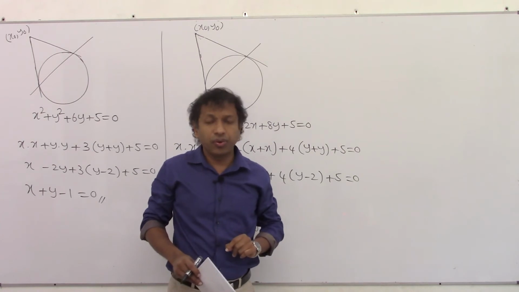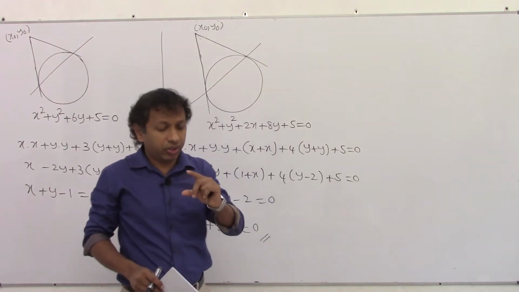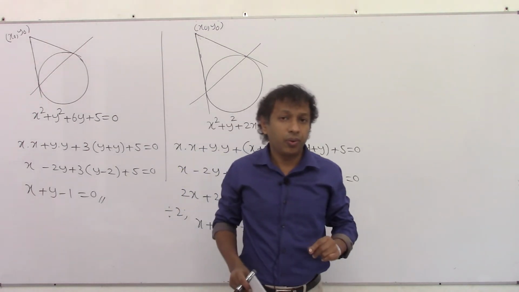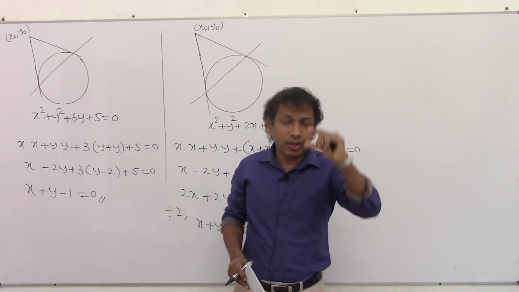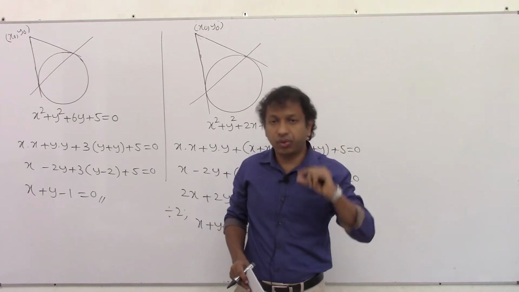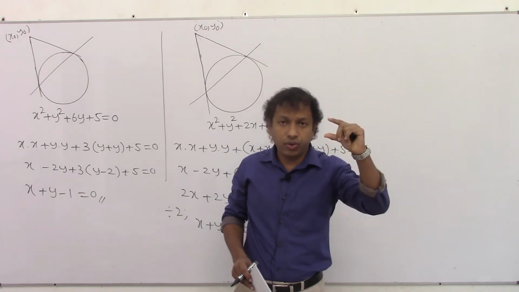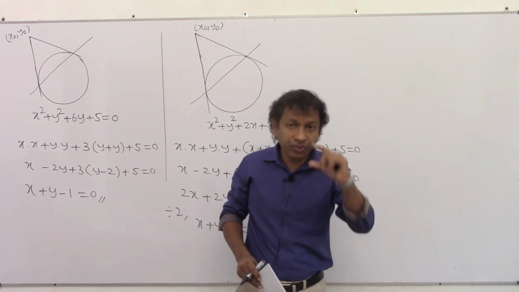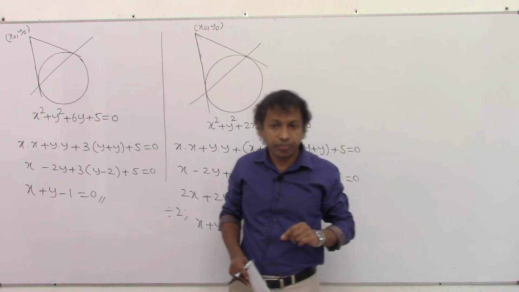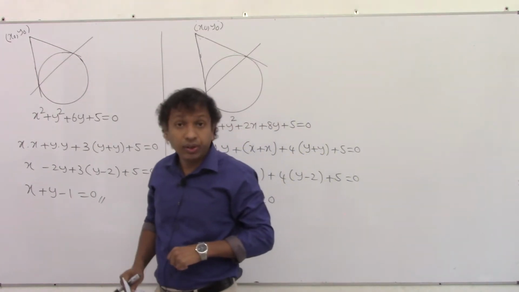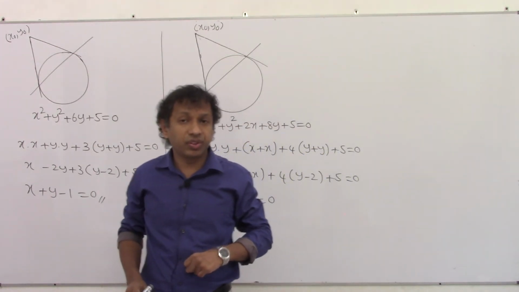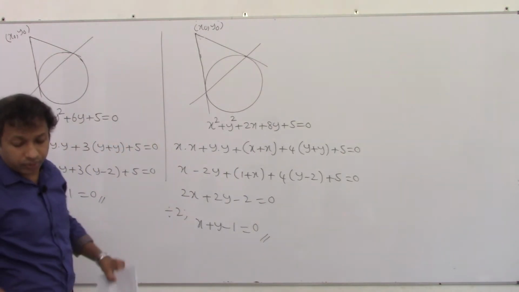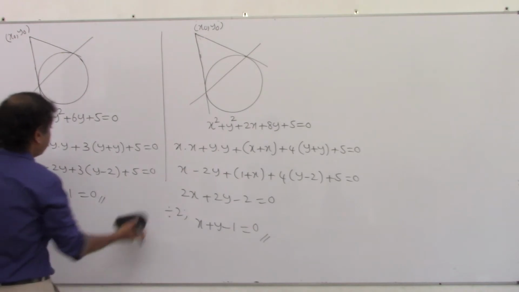So between the two equations of the lines, they should have this property: the ratio of x coefficients, the ratio of y coefficients, and the ratio of the constants of the equations of the lines must be equal, when two equations represent a single line. Thereby we can find x naught, y naught. We'll do that now.